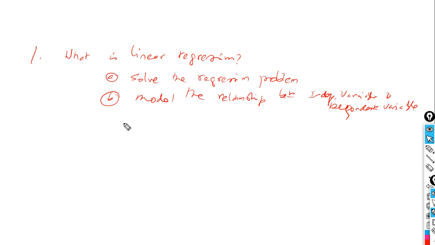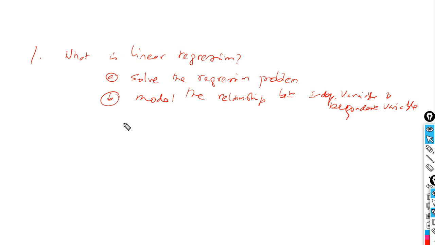If I spend 8 hours, what is the estimated test score? And if I spend 16 hours, what is the estimated test score? That is how we can find the relationship between these two using a linear regression model.